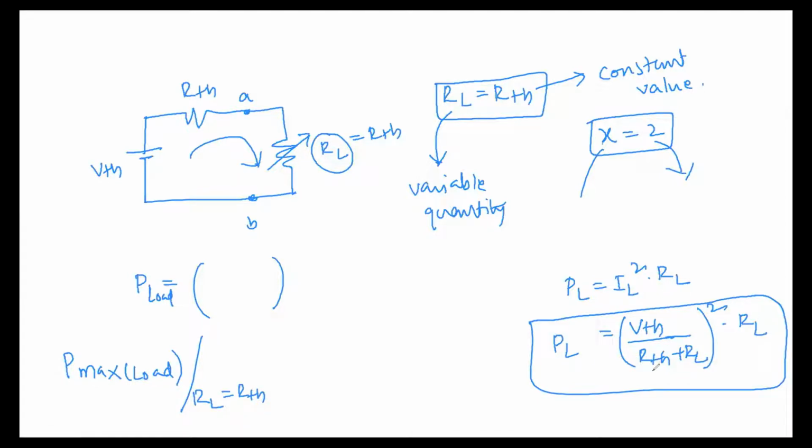You should not substitute RL in place of RTH, but in place of RL only you have to substitute RTH. Be careful: RTH is already there, RL we don't know, so we substitute RTH in place of RL. Try to substitute and tell me what the maximum power is.